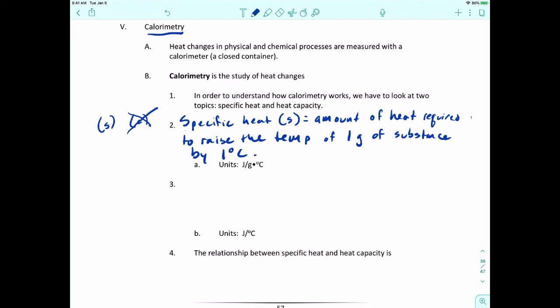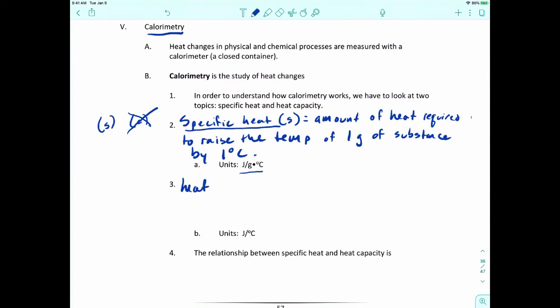Okay, and so that's how we define specific heat. It's the amount of heat required to raise the temperature of 1 gram of substance by 1 degree Celsius. So the units that we use for specific heat will be joules per gram times degrees Celsius.